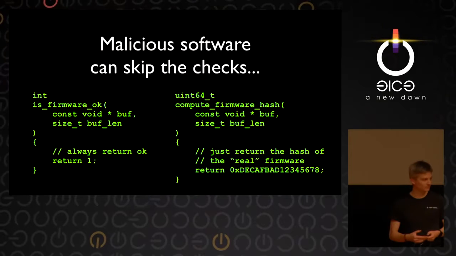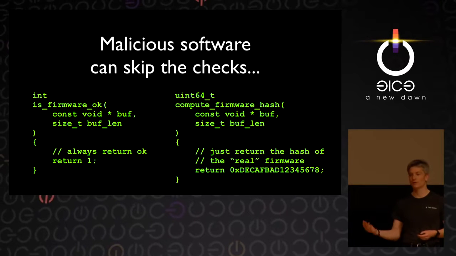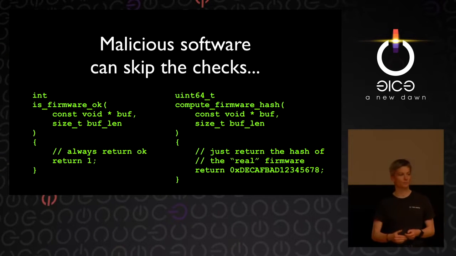But doing the CRC requires reading through the whole ROM anyway, so it's not like you're going to save that much time. The real reason is that malicious software can just skip the checks. If you can write to the ROM, you can just change whatever the function is to always return true, or it can return a pre-computed hash value. So without any sort of cryptographic hardware to help out, a software-only attempt is doomed to failure.